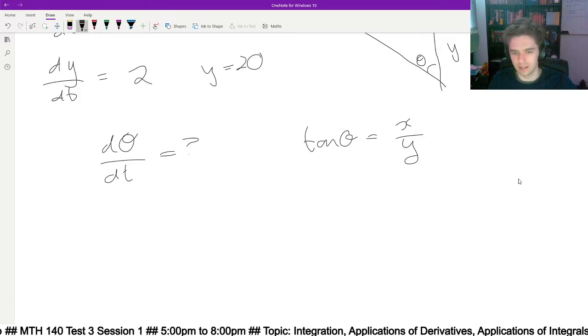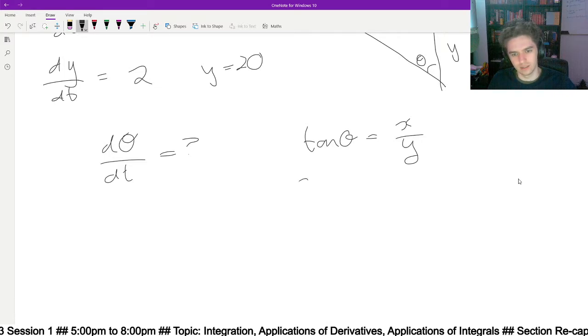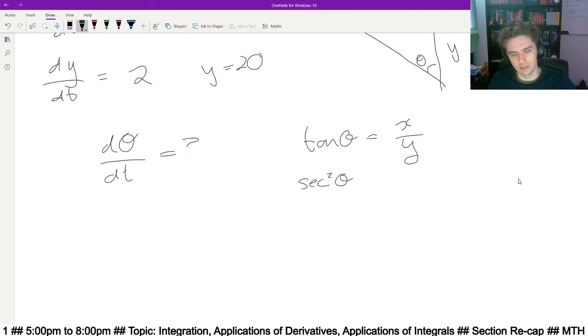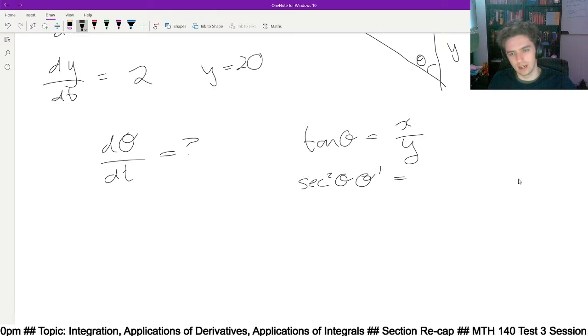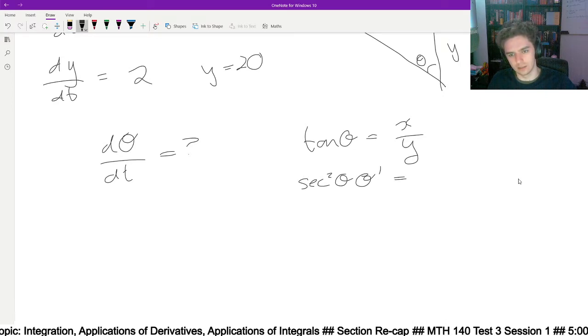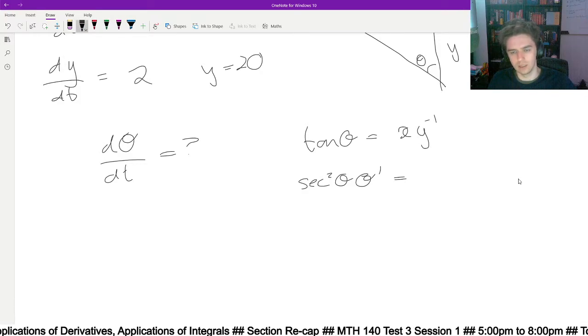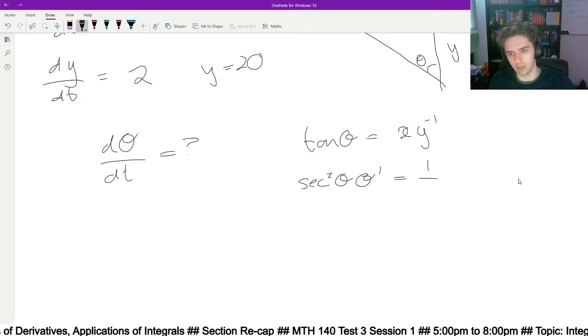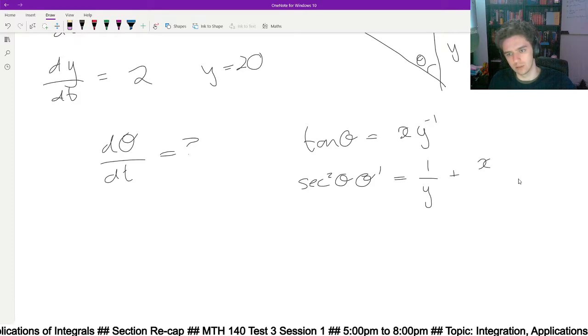Can someone confirm that? I don't have it in front of me. It's secant squared, I think. Is that right? Yeah, you're right. Okay, thank you. And then I'll use the product rule, because I don't like the quotient rule. This is x times y to the -1. So the derivative of the first one times the second one plus the first one times the derivative of the second one.